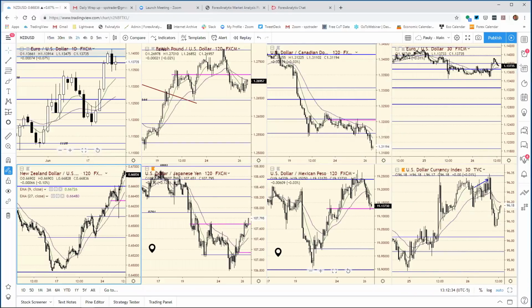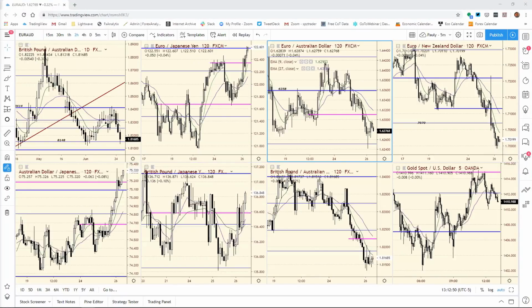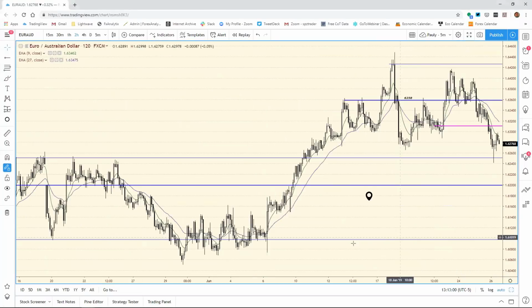We'll go and look into the cross rates. One of the things I've started to look at, I hadn't traded in a long time until just since yesterday, is the gold market.